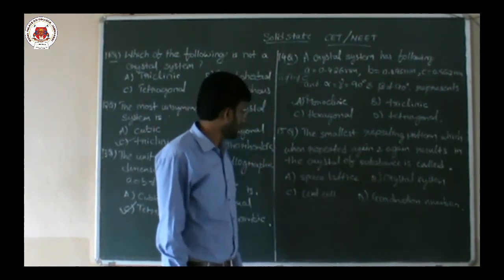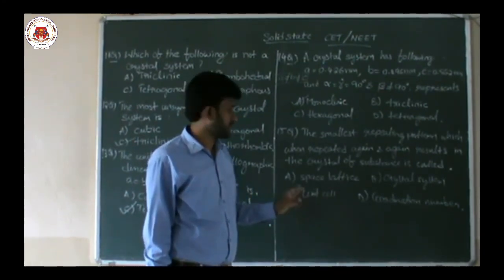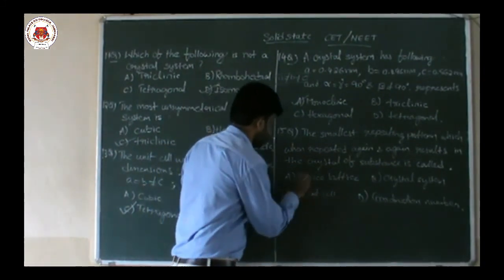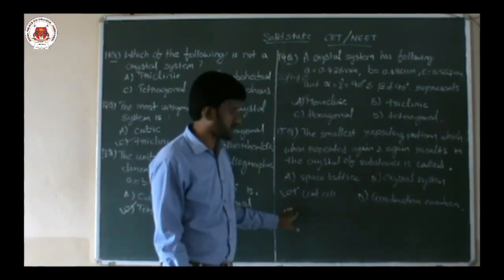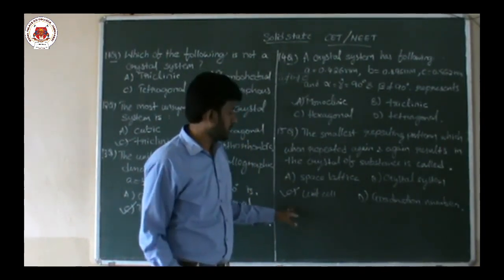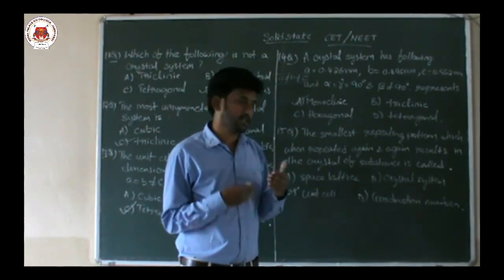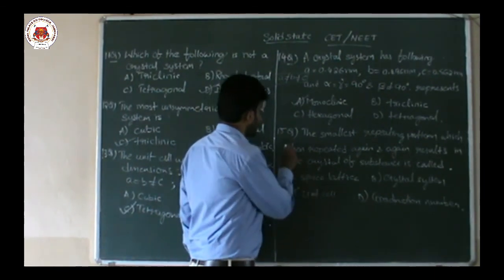The smallest repeating unit in any crystal system, what do we call it? We call it a unit cell. The smallest repeating unit in a crystal system is the unit cell. When it is repeated again and again three-dimensionally, then the original crystal lattice is produced. So that is about the 15th question, option C.